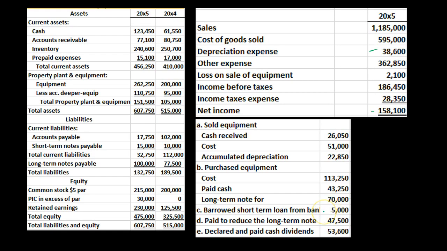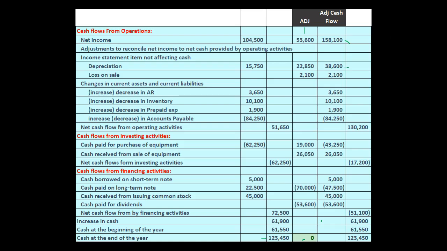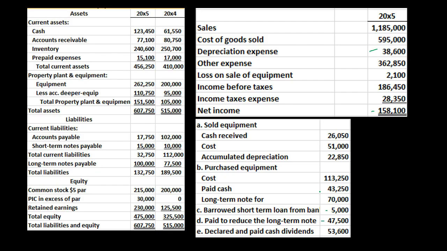We can see that we have some of the additional information. We checked these amounts here on the income statement. Then it says that we borrowed short-term loan, 5,000. That looks good. Paid to reduce the long-term loan, 47,500. And that now, 47,500 is where we're at there. So that's going to be another one of our major check figures to look through. So it looks like everything ties out.